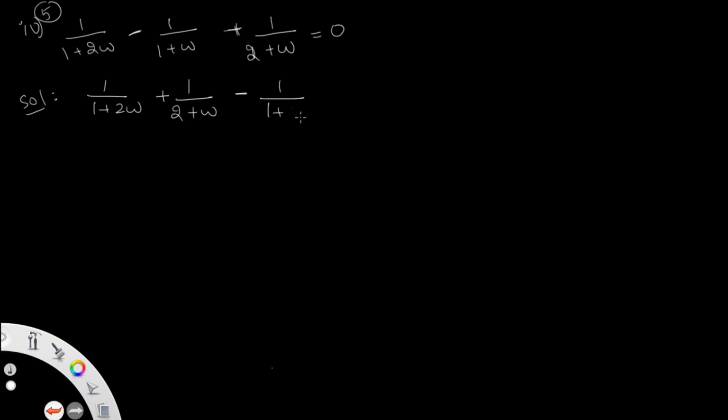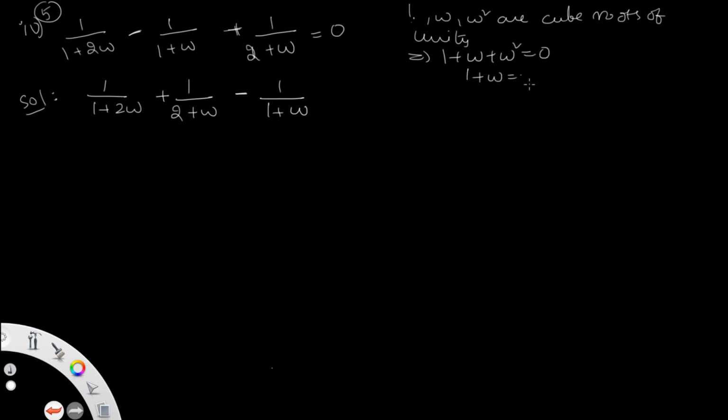Wherever the values are given, 1, omega, omega square are cube roots of unity, that implies 1 plus omega plus omega square equal to 0, and then we get 1 plus omega equal to minus omega square, and omega cube equal to 1. Basic rules. So that is why I am taking the LCM for the first two terms only, and minus 1 by 1 plus omega is nothing but we have minus omega square.